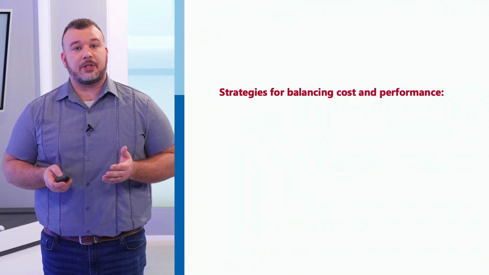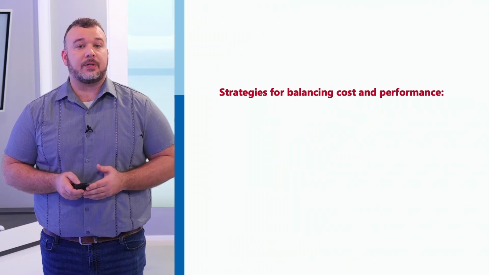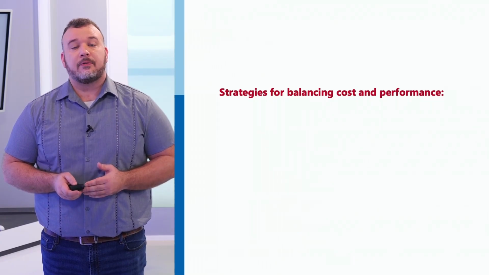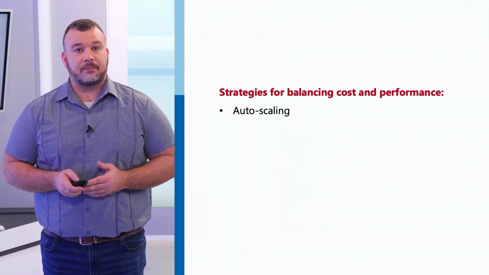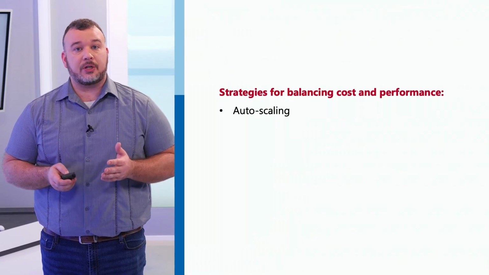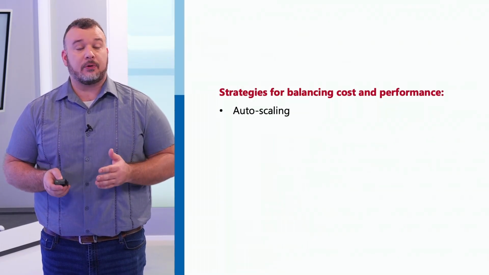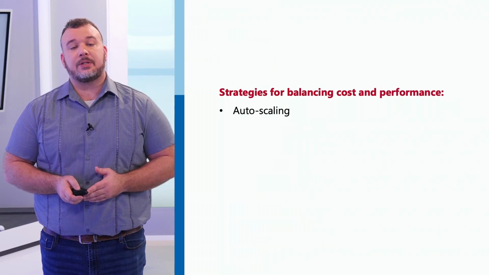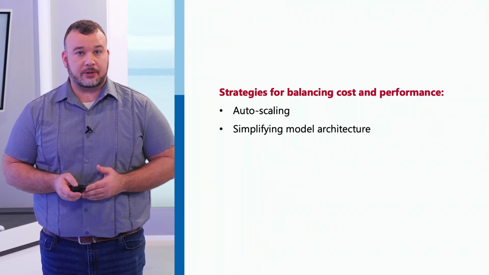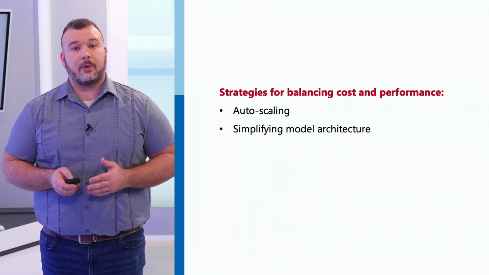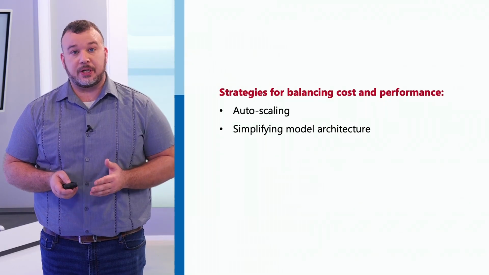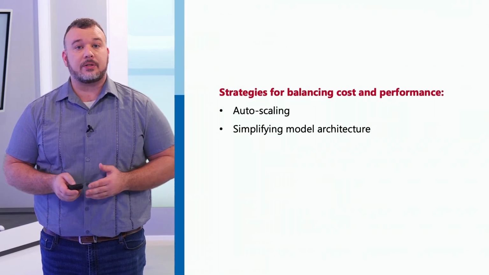Here are some strategies for balancing cost and performance. First up, auto-scaling. This dynamically adjusts computational resources based on workload to prevent over-provisioning. Next, simplifying model architecture. Utilizing lightweight frameworks enhances efficiency and therefore reduces cost.